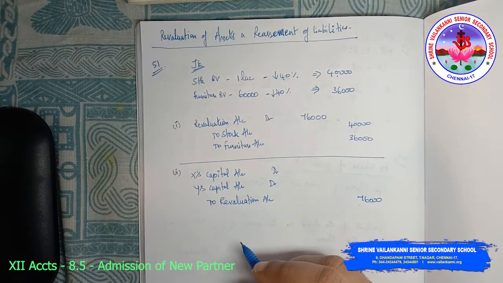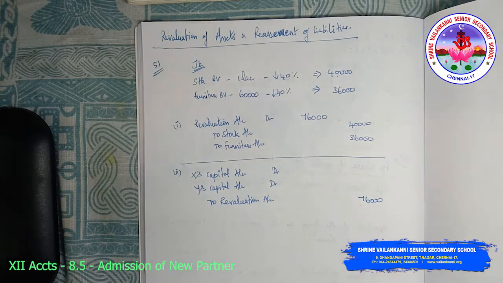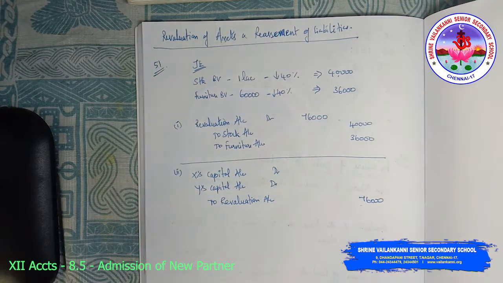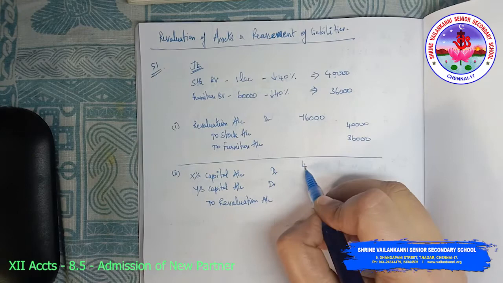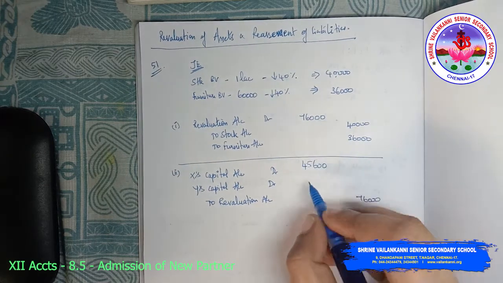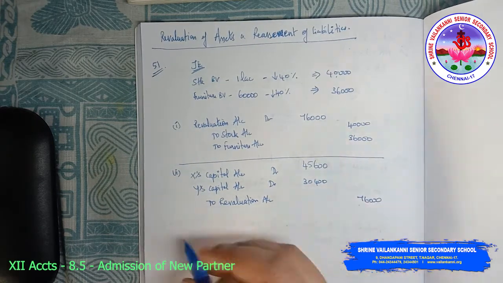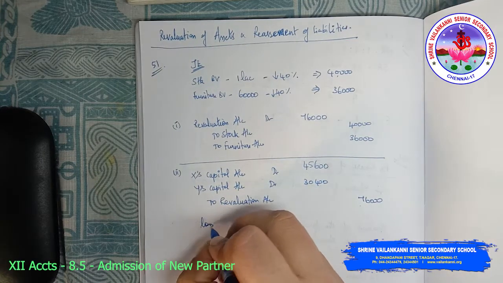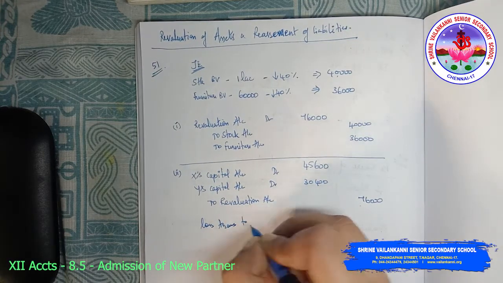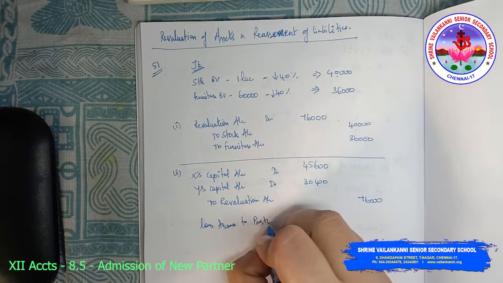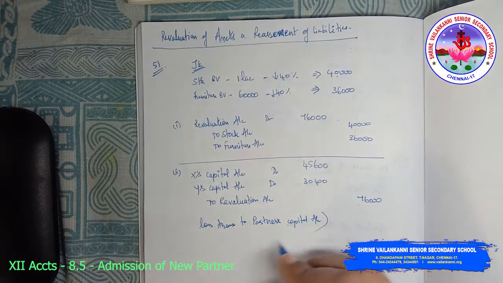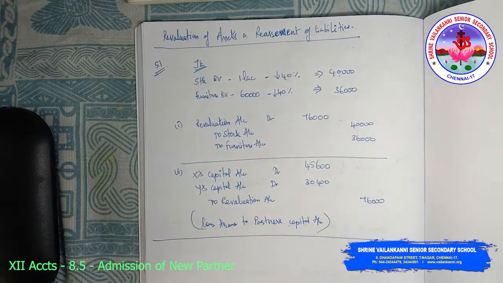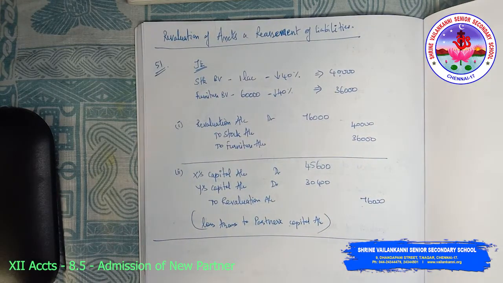Their ratio is 3:2. So if we do 3:2, we are getting 45,600 and 30,400. Being loss transferred to partners' capital account. Okay, so this is the entry that we are supposed to do.